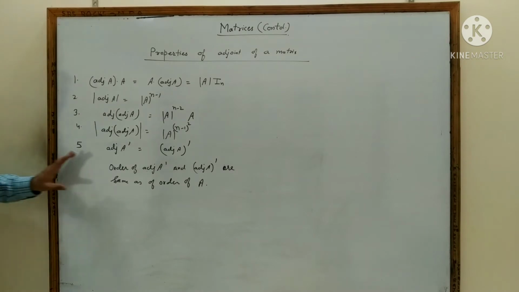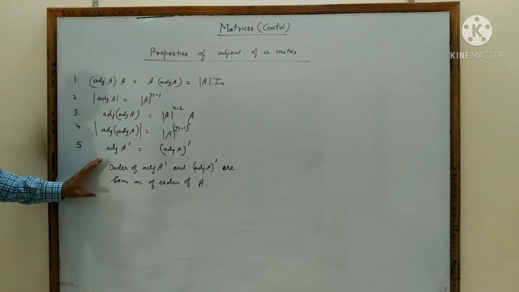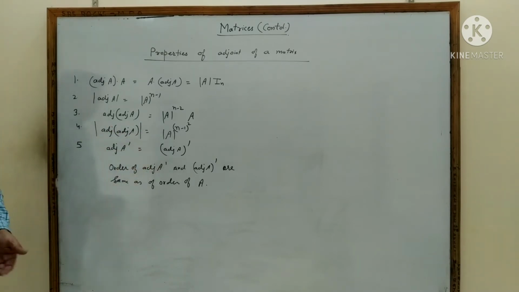Actually, it is the first phase of the proof: if we want to prove two matrices equal, their orders must be the same.